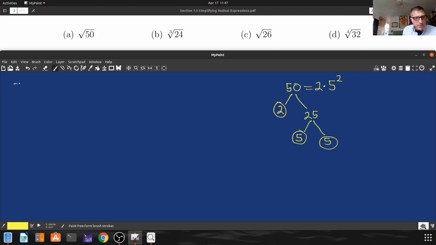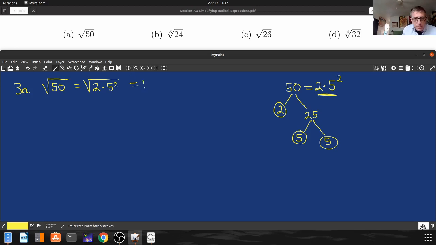So this is example 3a. So the square root of 50 is equal to the square root. Well, I've done my factor tree, and this is the format I want it. The factor tree gives me the factors, but this is the format I want, is the square root of 2 times 5 squared. Well, now I'm using the reverse of my first rule, which is called the product rule.